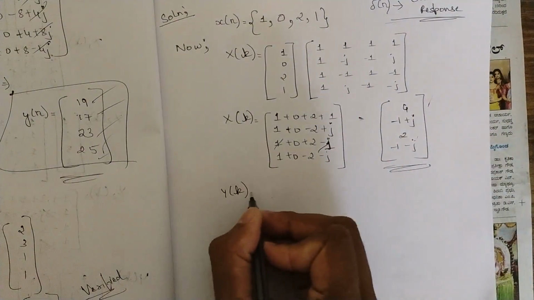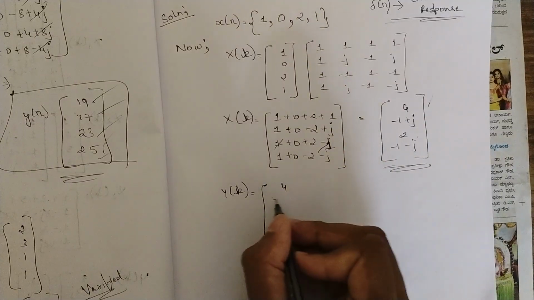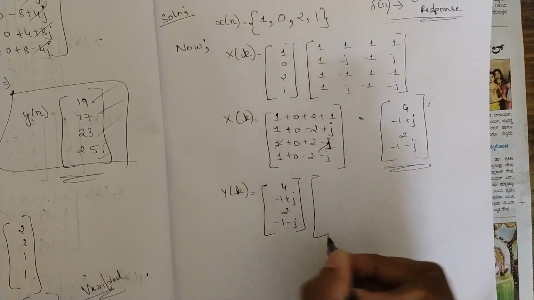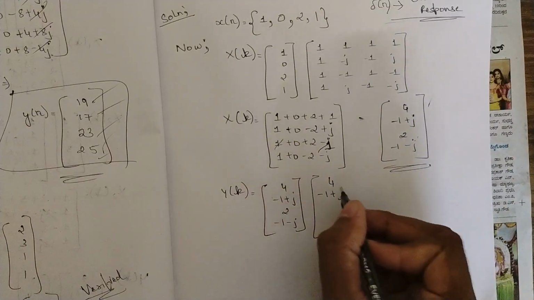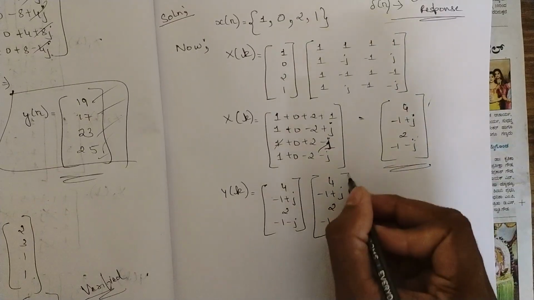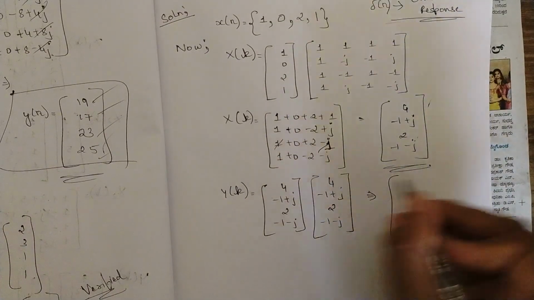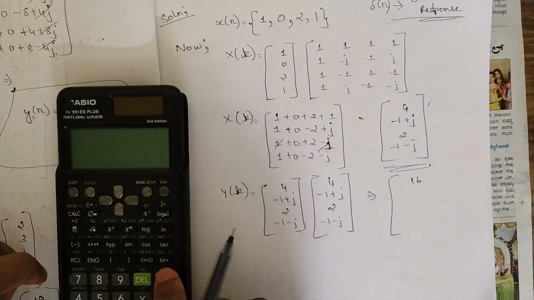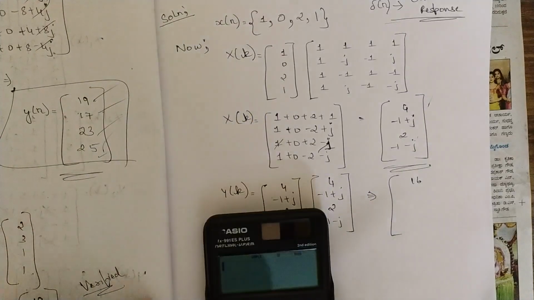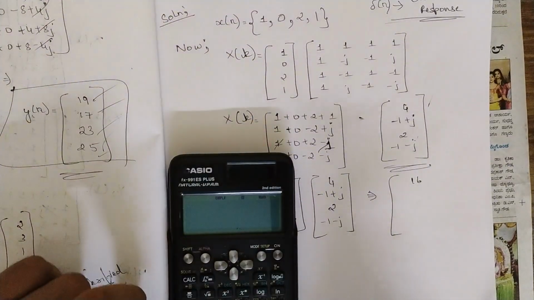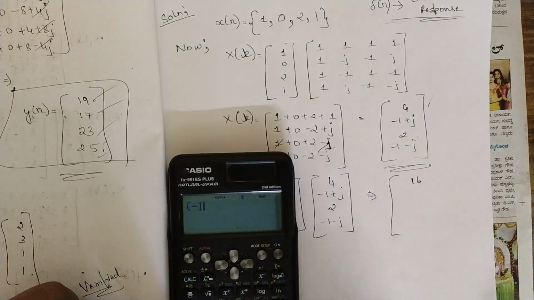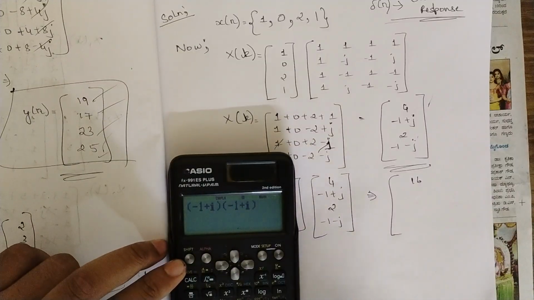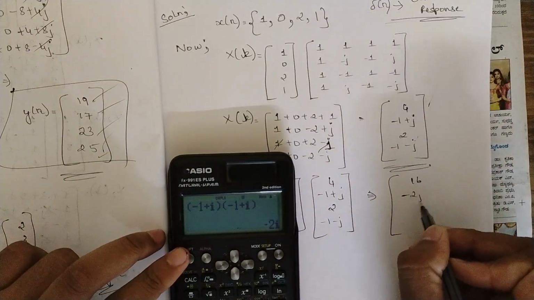So y of k is equal to 4, minus 1 plus j, 2, minus 1 minus j, multiplied with itself, that is 4, minus 1 plus j, 2, minus 1 minus j. That is equal to 4 4s are 16, minus 1 plus j into minus 1 plus j, that is minus 2j.